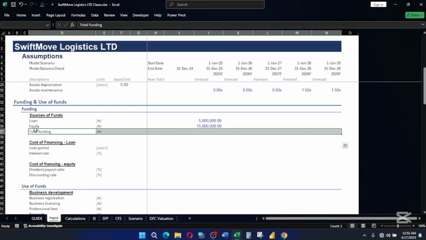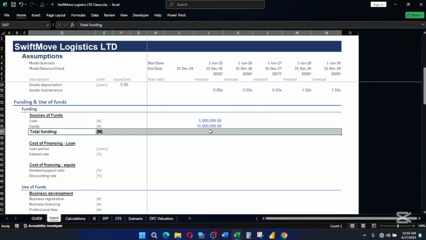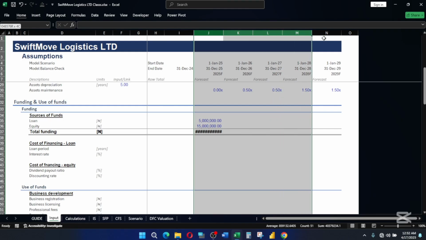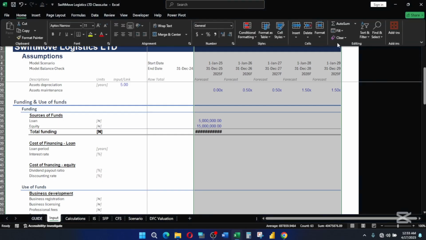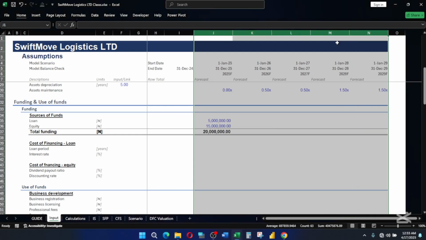So select this total funding and let's give it our total sales style, which is this, and then sum these to have this value. I noticed earlier I was going to increase this, so I can just say 20, right?